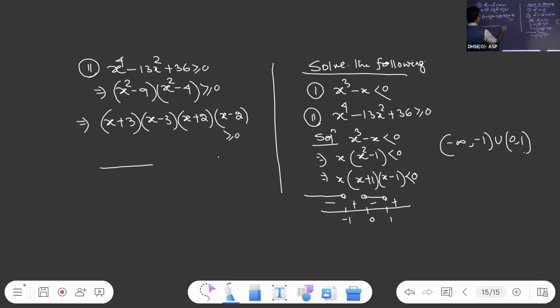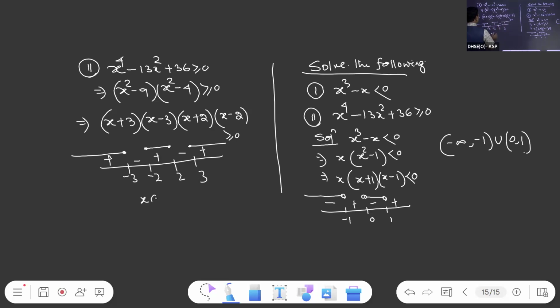The critical points are minus 3, minus 2, 2 and 3, plus minus, plus minus, plus. So positive region, minus infinity to minus 3, minus 2 to 2, then 3 to infinity.